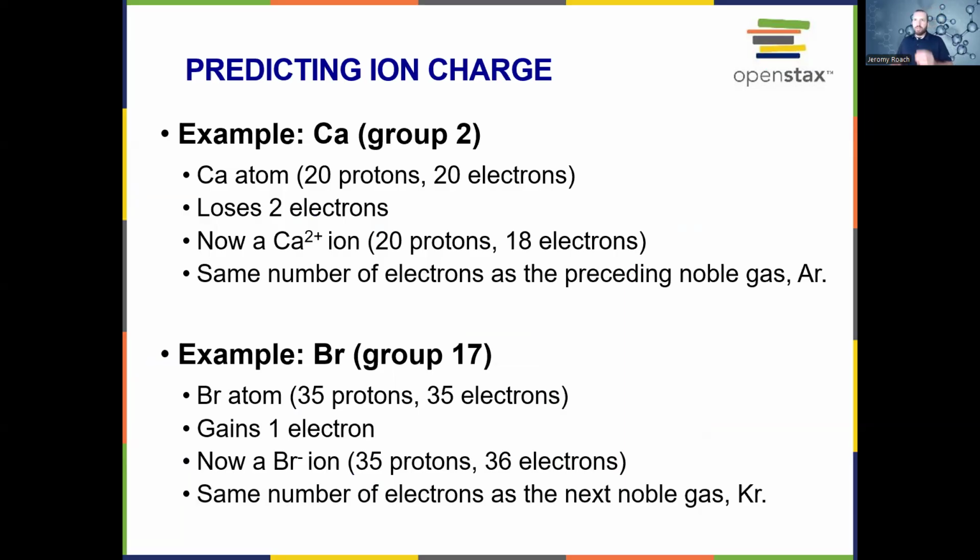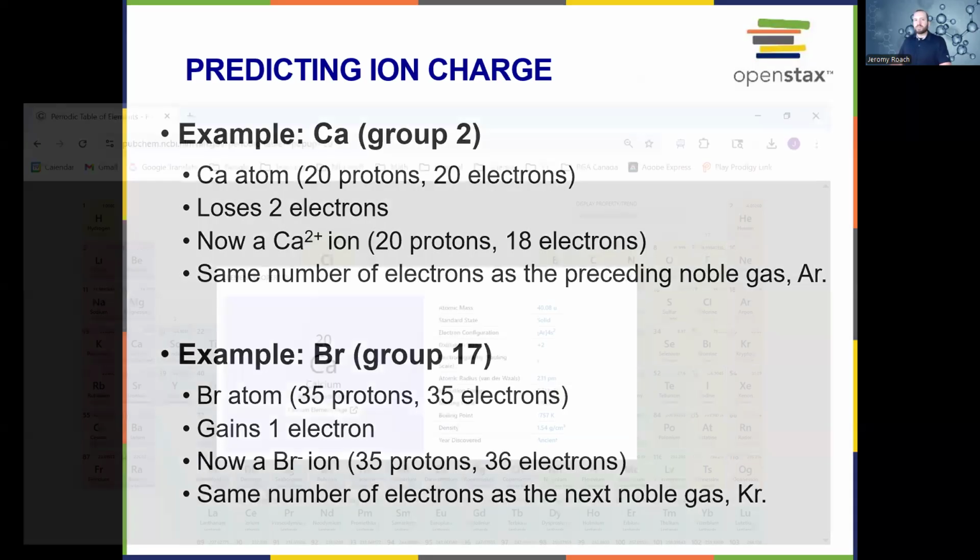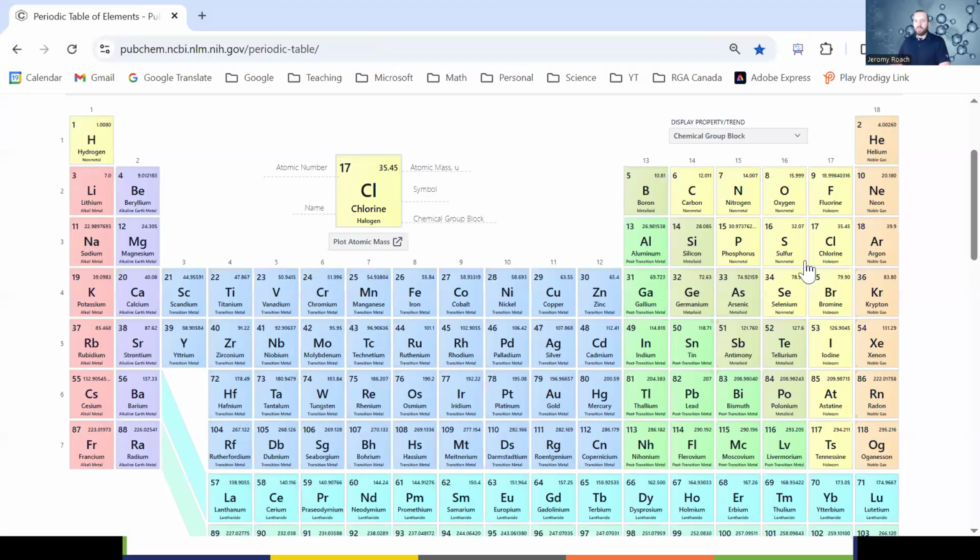Bromine is in group 17, and it has 35 electrons and 35 protons. Let's see what happens if it gains an electron. So first we'll find bromine. Here's bromine. It has 35 protons, and that means it must have 35 electrons in its stable state.